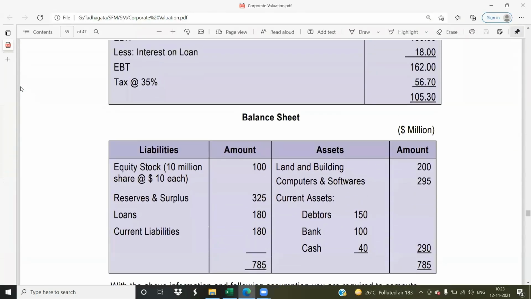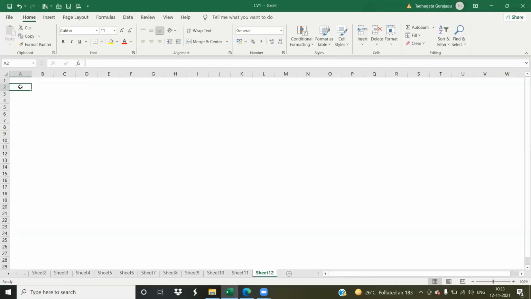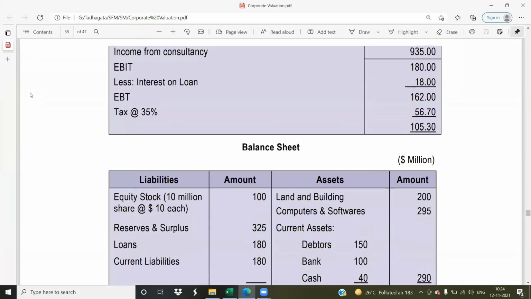First, we'll find out economic value added. Particulars, amount. That is in dollars, in million, right? In million. Okay. So we have EBIT.